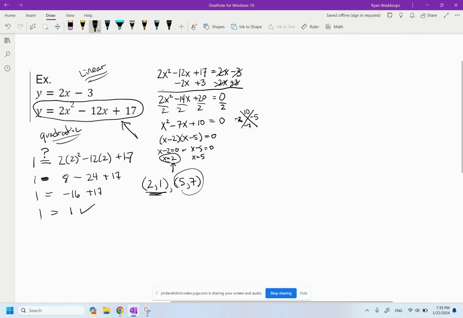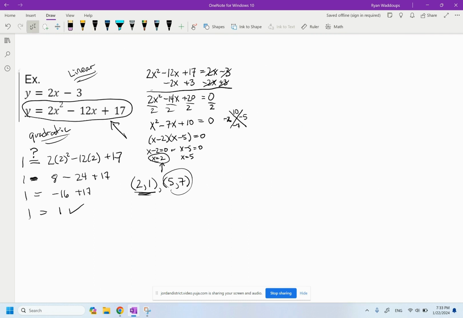I want to say one more thing really quickly before we move on. This is a parabola. The graph of the quadratic is a parabola, and the graph of the linear is a line. And so having two solutions is one possibility when you're trying to solve a system of a linear and a quadratic.